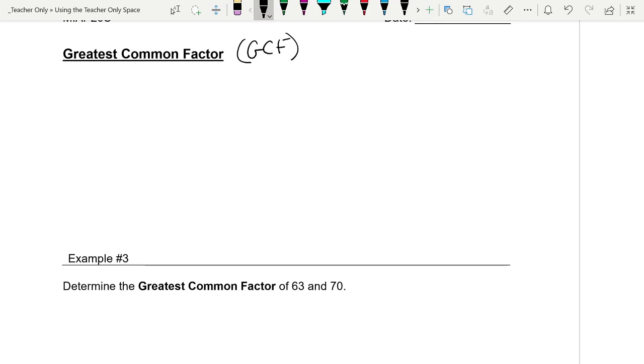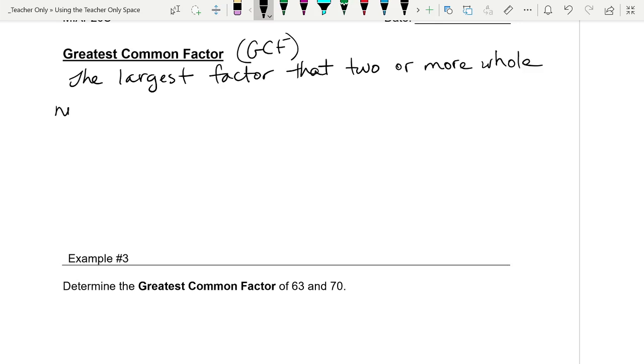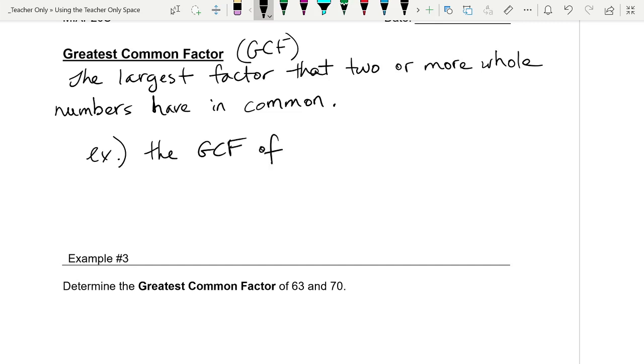The greatest common factor, the GCF, is the largest factor that 2 or more whole numbers have in common. For example, the GCF of 12 and 8 is 4.